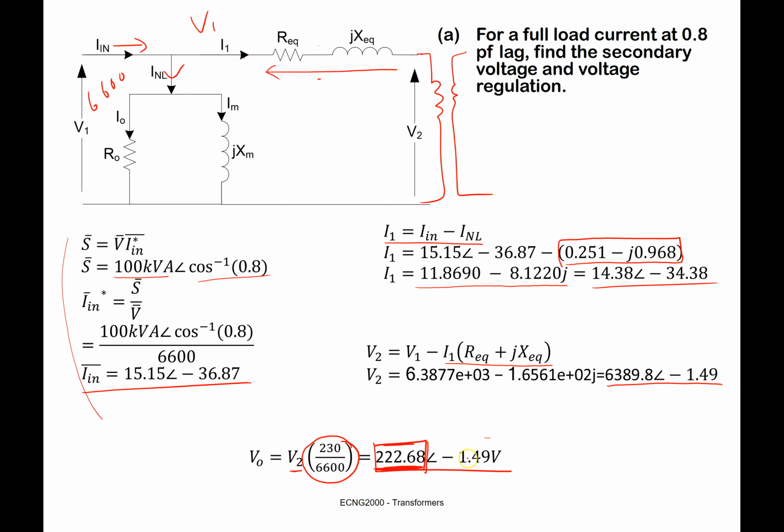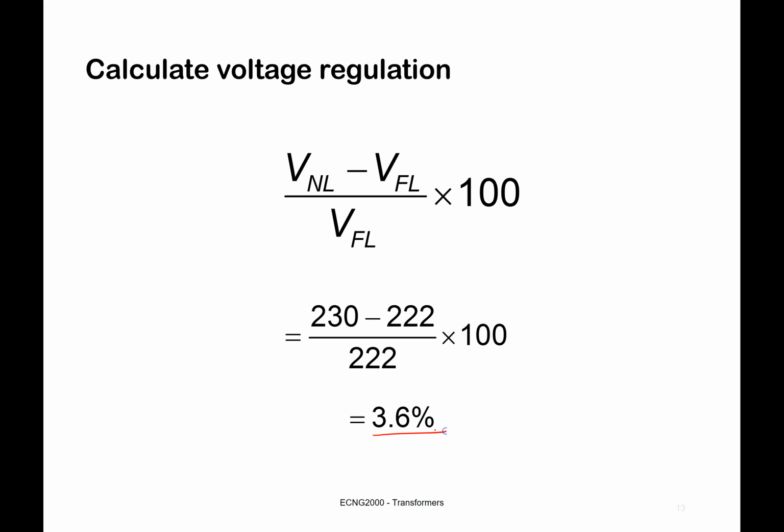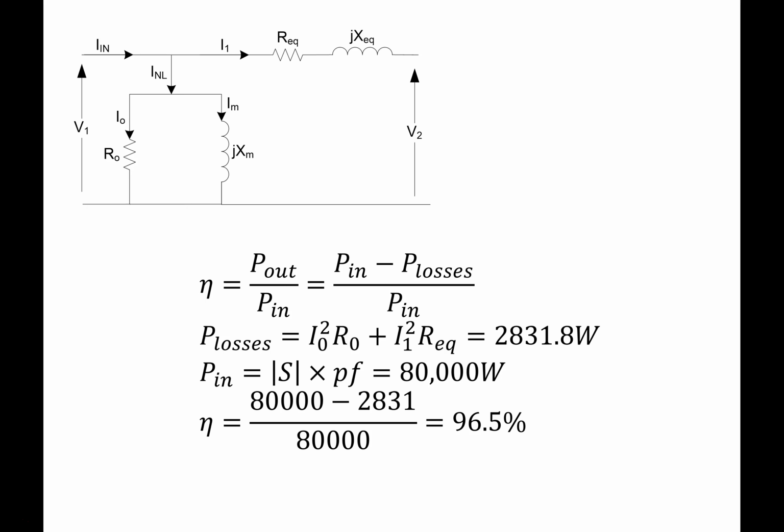You don't need the angle for that part to calculate the regulation. So 230 minus 222, this should be 222.68, but just for simplicity I left out the 0.68, and you get 3.6%.